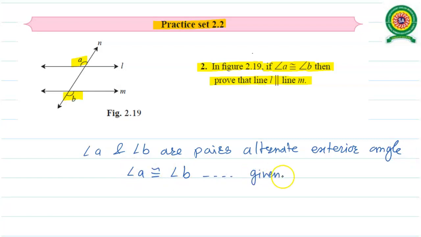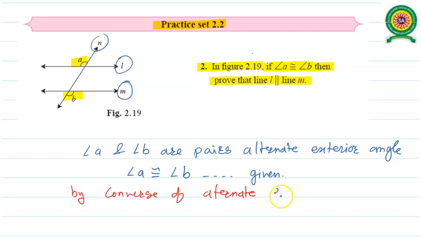This is given to us. Once a pair of alternate exterior angles are congruent, with two lines and a transversal, we can say by the converse of the alternate exterior angle theorem that the given two lines are parallel.